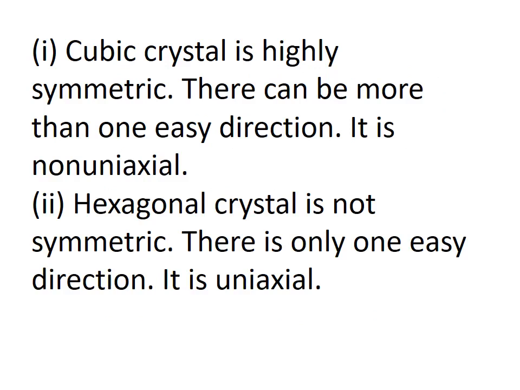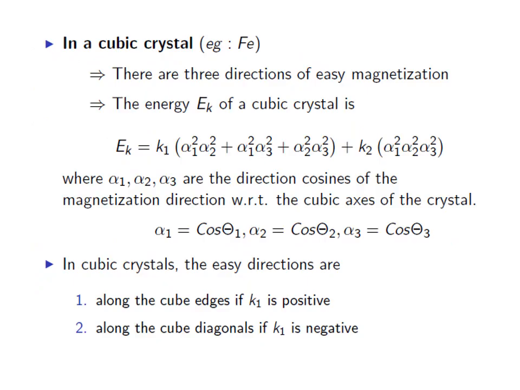A cubic crystal is non-uniaxial. A hexagonal crystal is uniaxial. In a cubic crystal, there are three directions of easy magnetization. The anisotropy energy depends on alpha 1, alpha 2 and alpha 3, which are called direction cosines.